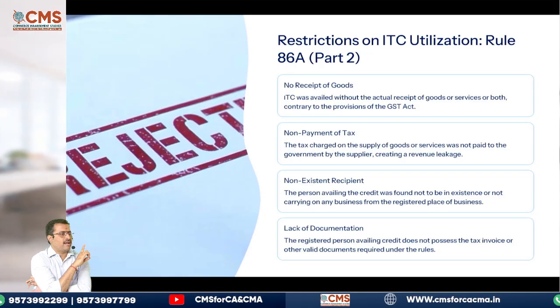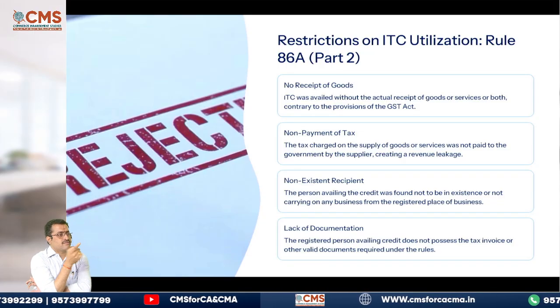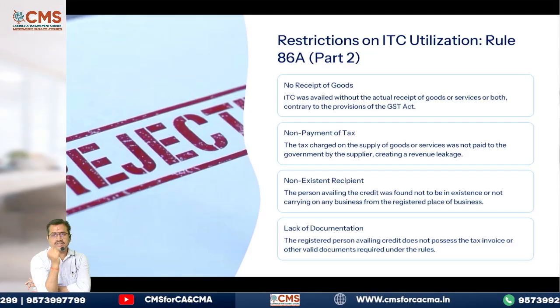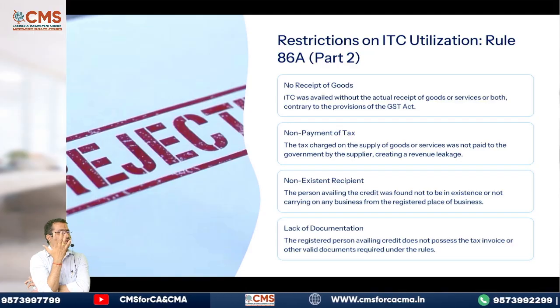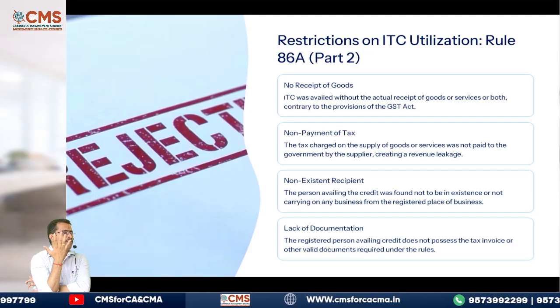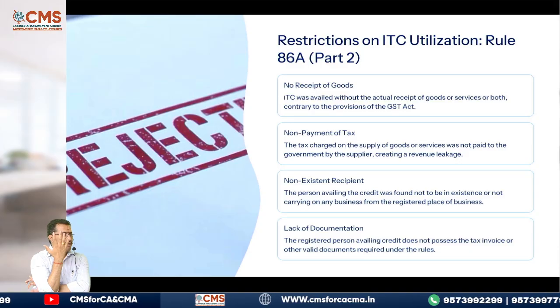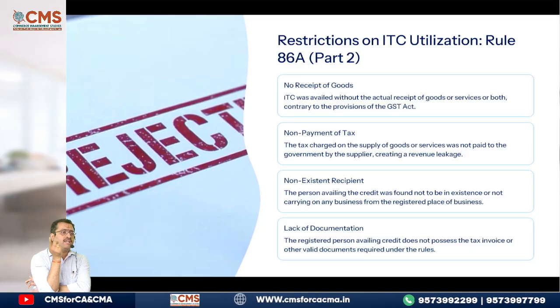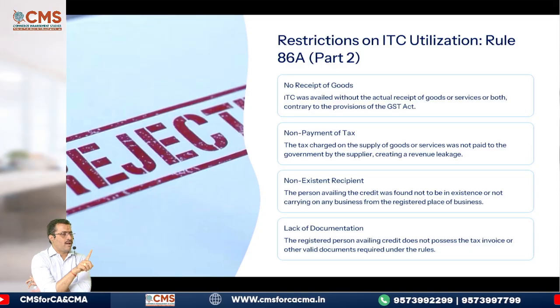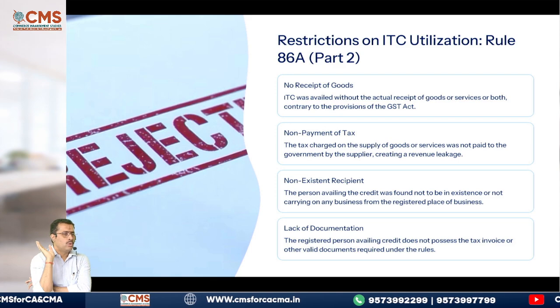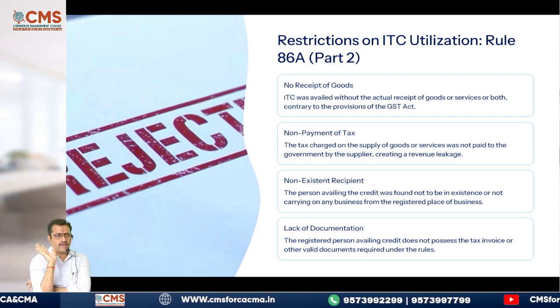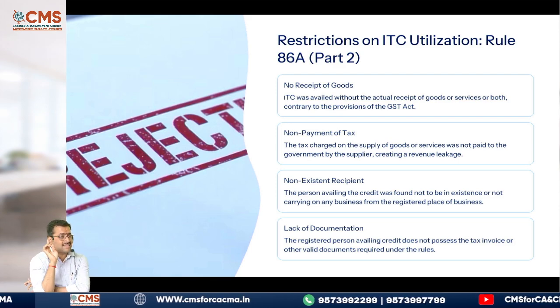That is as per 86A. There is one more rule called 86B, which I was telling you just now. If my monthly turnover is more than 50 lakhs, 99% of my input only I can use. 1% I have to pay through the cash ledger. Remember that point carefully. That is given in rule number 86B.